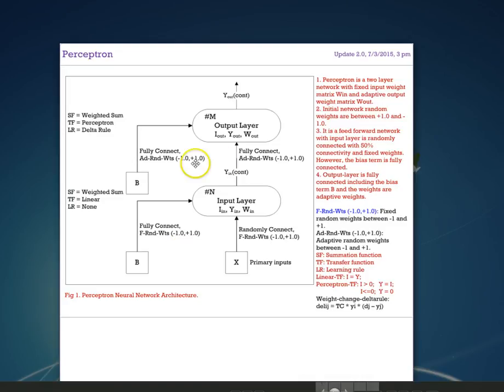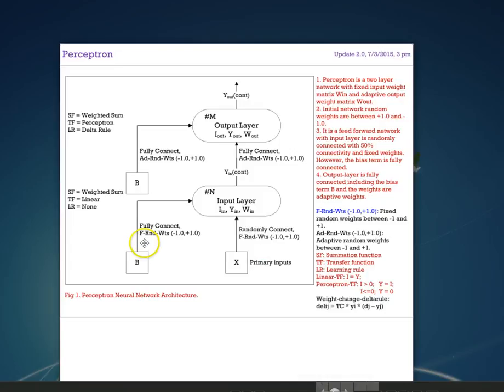In this Perceptron neural network, we have the input layer and the output layer. The primary inputs are specified as X. These primary inputs are connected to the input layer through a set of randomly connected weights, called fixed random weights.